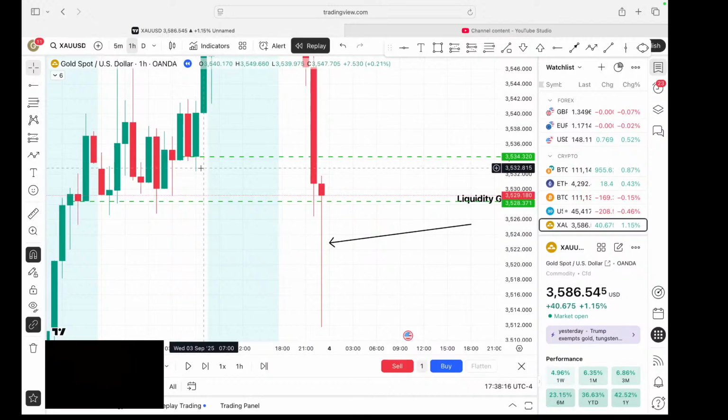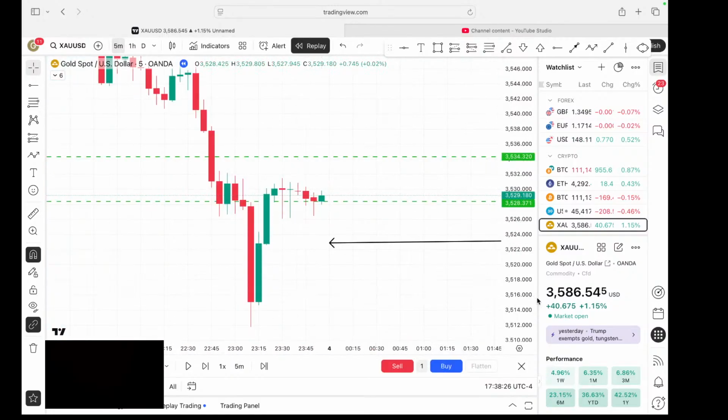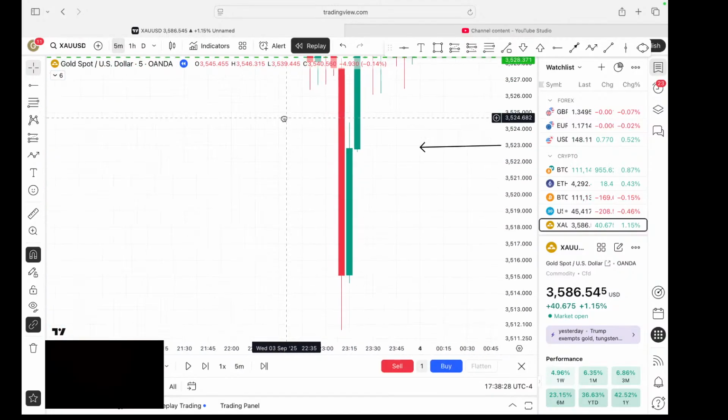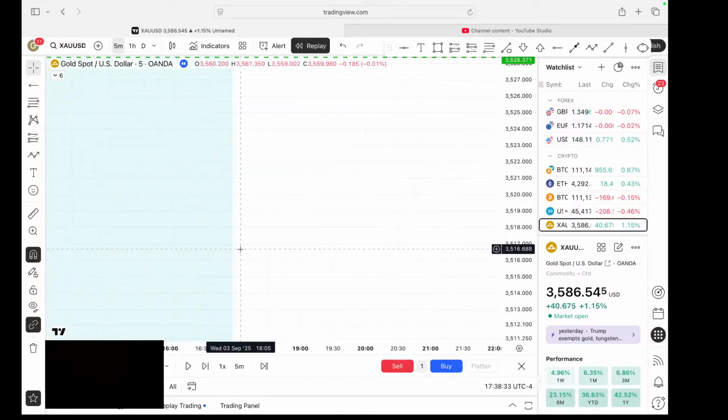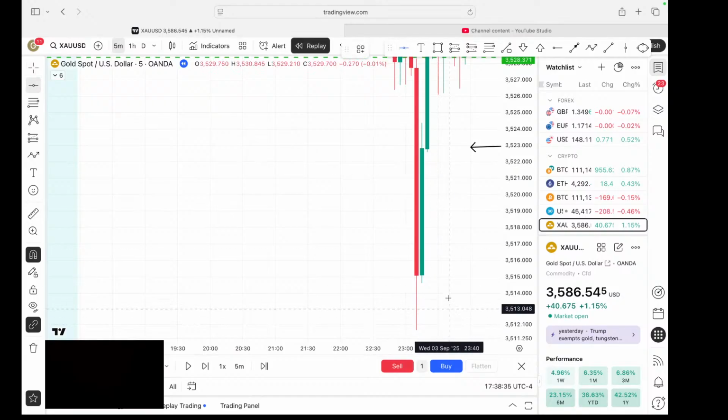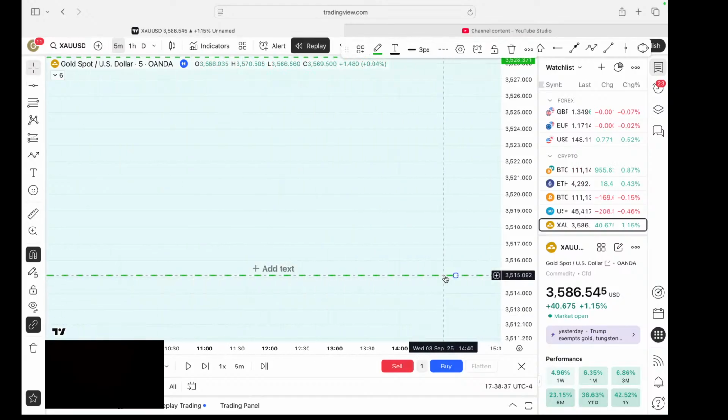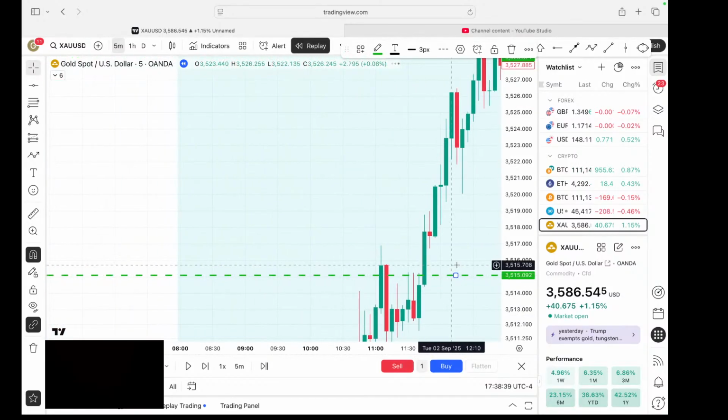So let's look at this in real time. And this is where confluences come into play, right? We're looking at the 1 hour chart. Now let's go down to the 5-minute chart to get a better idea as to what exactly happened. So price came all the way down here and stopped. Right, so we scroll over.